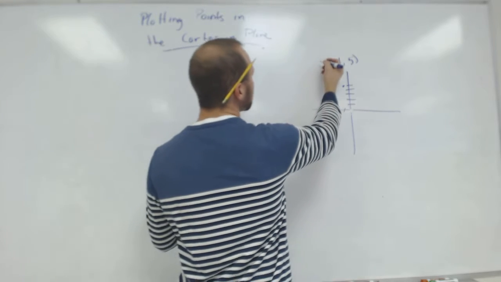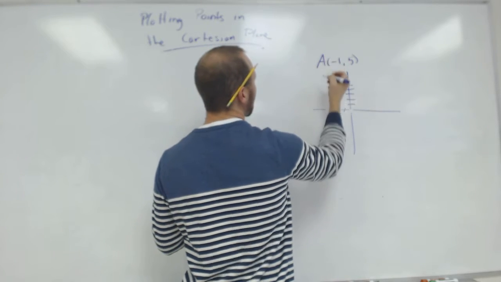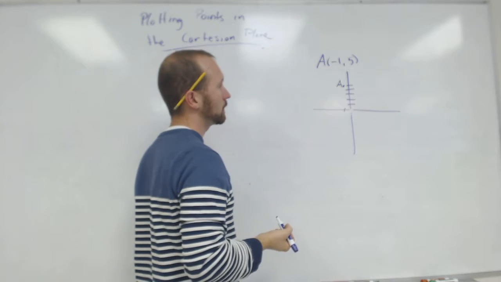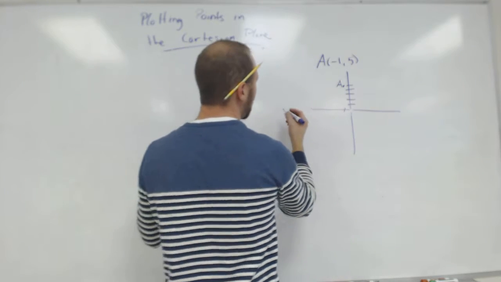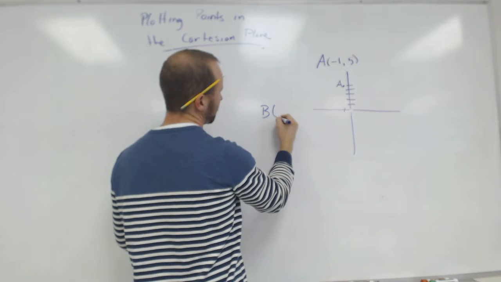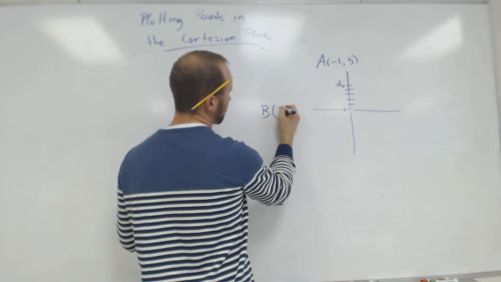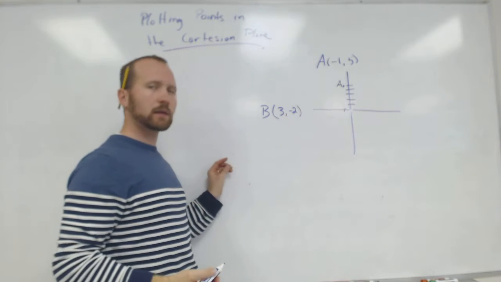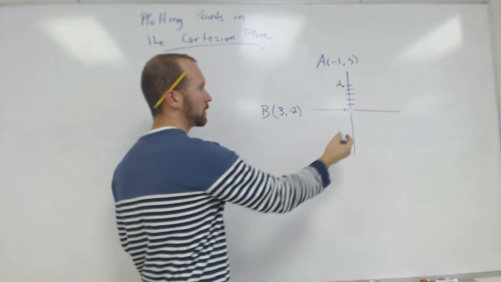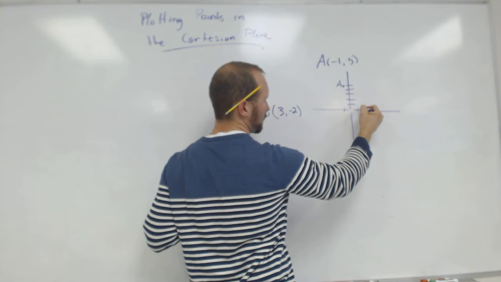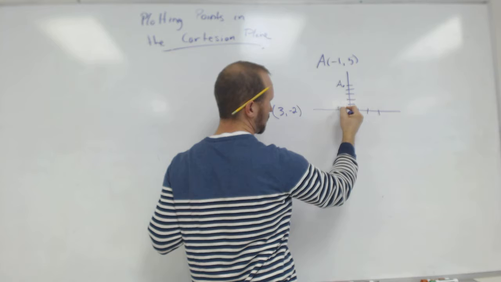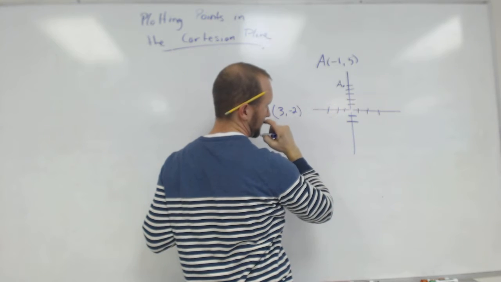And sometimes what you'll see is you'll see this label, like point A. And that just means they want you to label your point A. So if I gave you point B being at 3, -2, where would I put that on my graph? First, you would put it down there in quadrant 4.